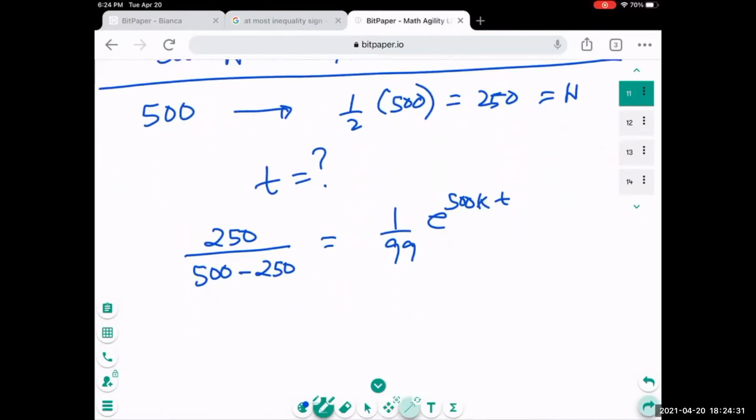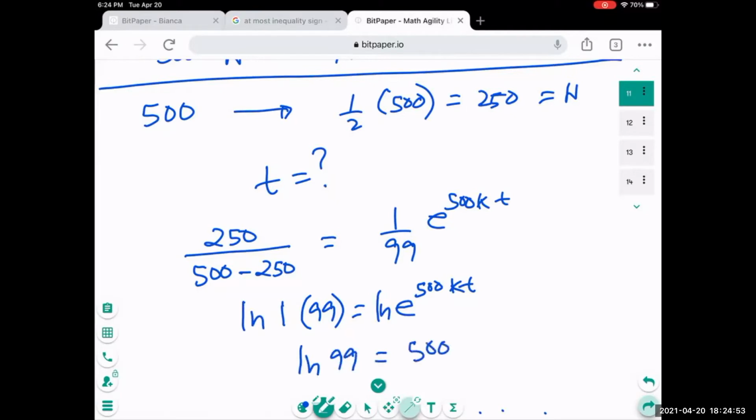Because the denominator would become 250 as well. So this is 1. And then let's cross multiply 99, so whatever on the right-hand side will be the exponential form. Let's take away the exponential by taking ln of both sides. So ln of 99 is equal to 500 kt.